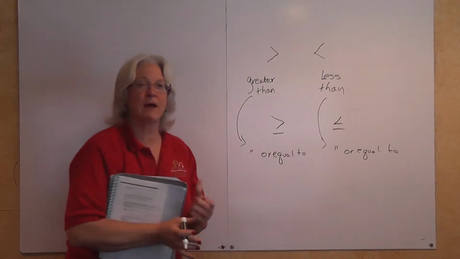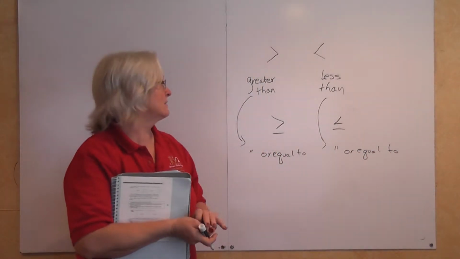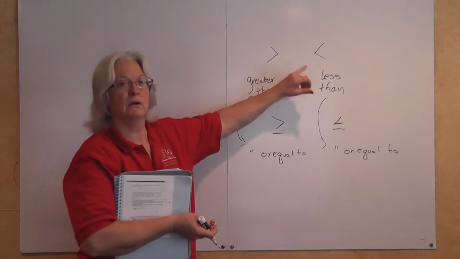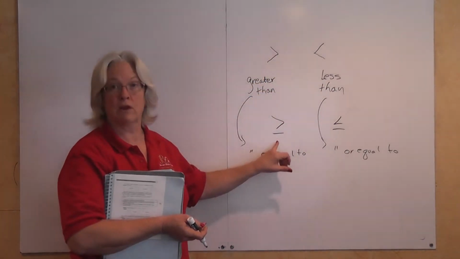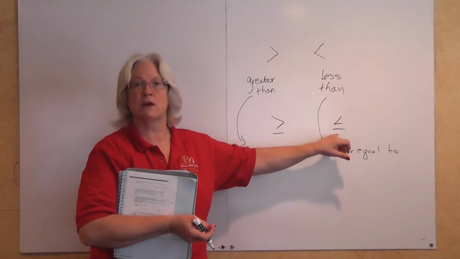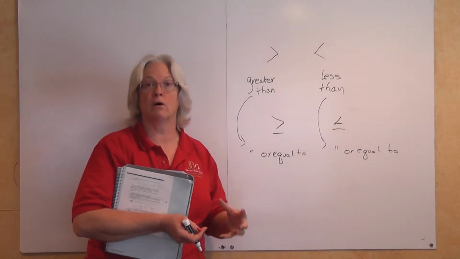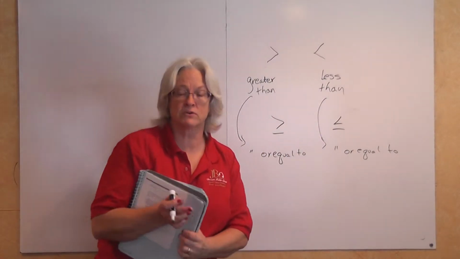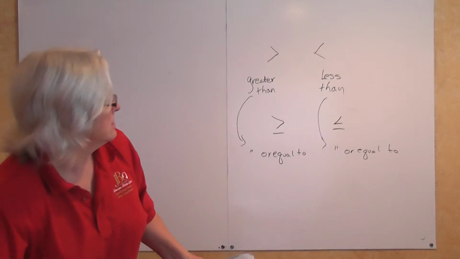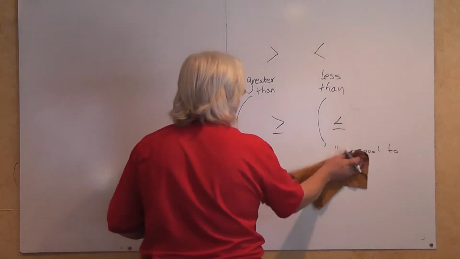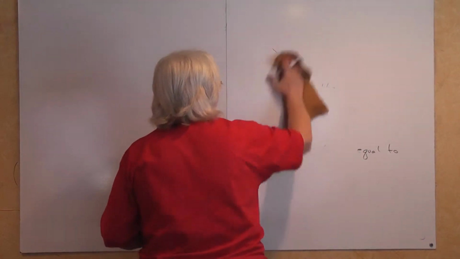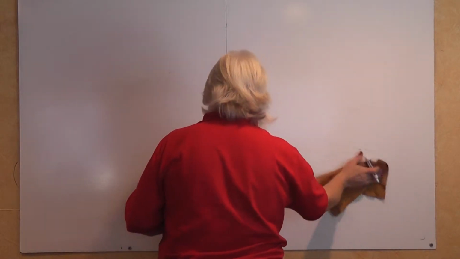A mathematical statement that is connected with greater than, less than, greater than or equal to, less than or equal to, these are called inequalities, and you can also solve those when you include variables in a very similar fashion to how you solve equations.